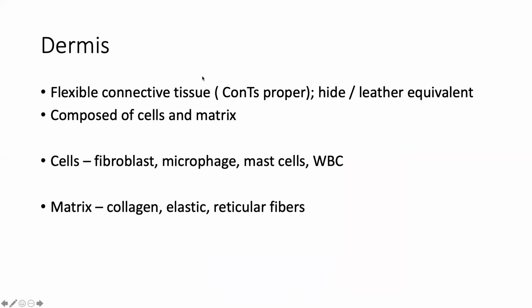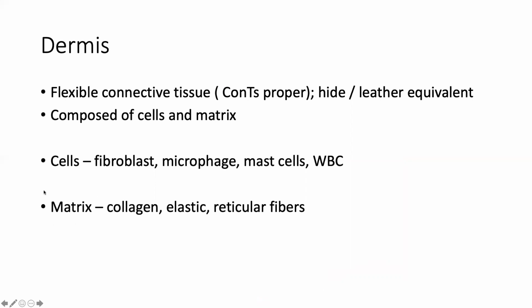So dermis is a flexible connective tissue, which is made of connective tissue proper. It is the hide or leather equivalent. Because connective tissue is made of cells and matrix. The cells will be mainly fibroblasts, and macrophages, mast cells, and white cells.